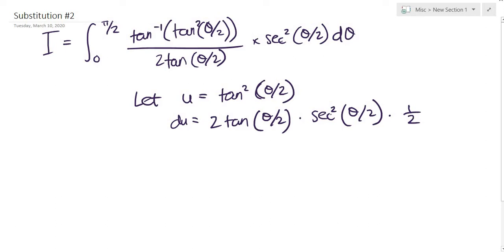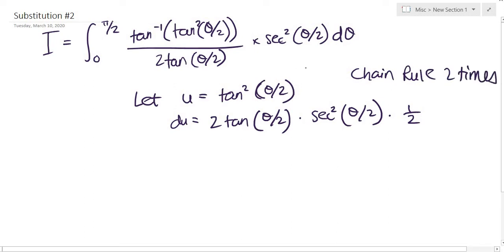We basically chain rule 2 times, because we had the tan of theta by 2 being squared first. So we first used the power rule on that, and then we had a tan of theta by 2 inside. So we used the derivative of the tan being secant squared of the inside part, and then the derivative of the inside part, because it wasn't just plain theta, right? It was theta by 2.